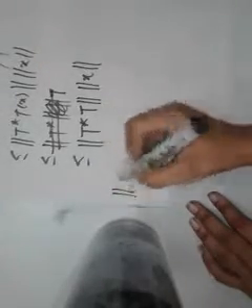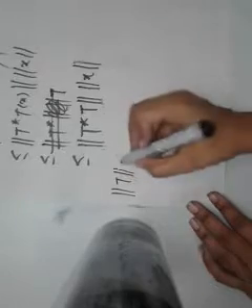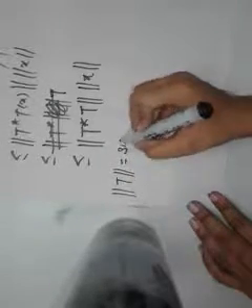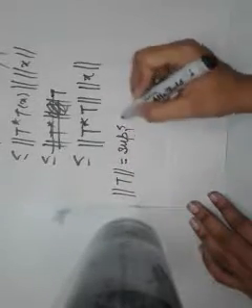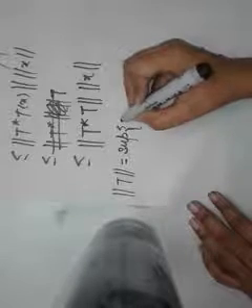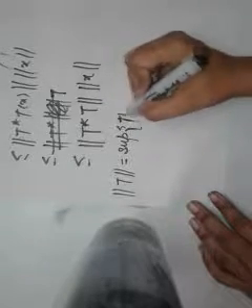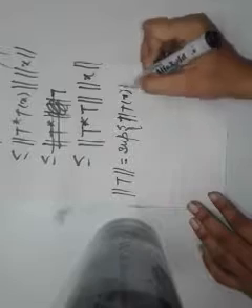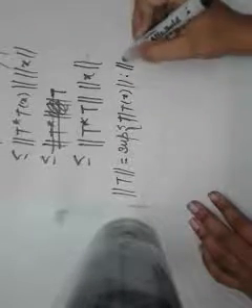Okay, so this is there, and now by the definition of norm T we know that this is equal to supremum of norm Tx such that norm of x is lesser or equal to 1.